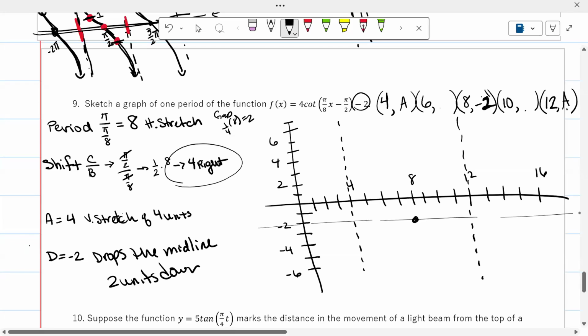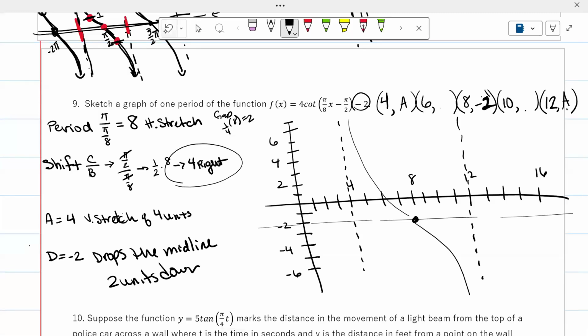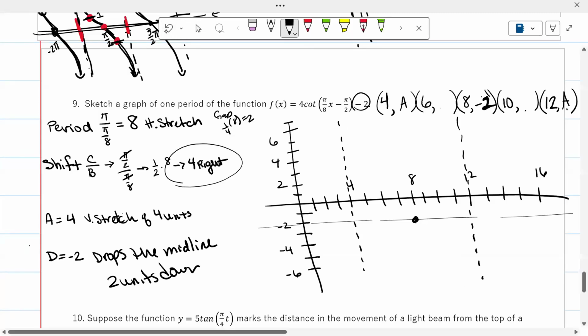Now, I already know the graph's going to do something like this, but I'm going to be more precise. When in doubt, I can plug in the 6 and see what I get for an answer. There is no harm in doing that. But this number right here will be the stretch either up or down from the midline. My stretch was 4 units, so at 6, I'm going to stretch 4 units from the midline.